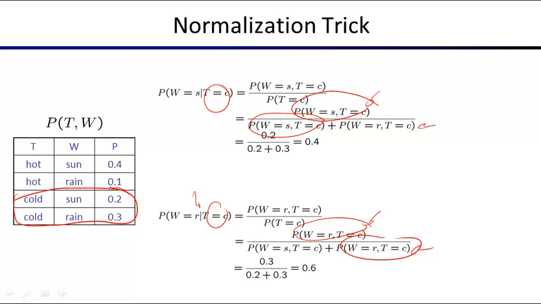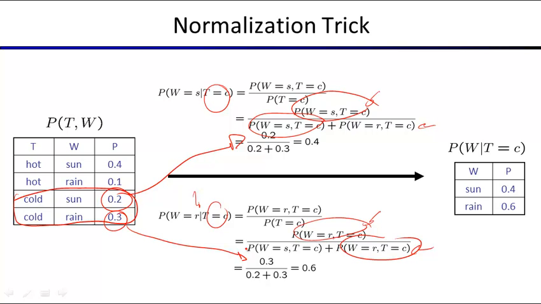For sun, we take the 0.2. For rain, take the 0.3. Now we have the two numbers we need. And to find the denominator, we just sum those two numbers together and divide both by the sum of those two numbers. That's just a way of summarizing the computation we did. And that's the normalization trick.